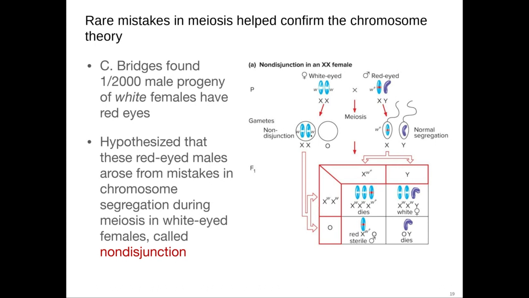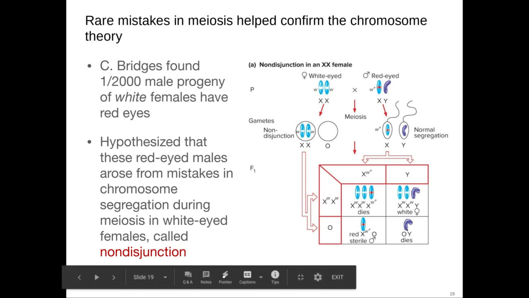But you'll notice that the female was producing sometimes, about 1 in every 2,000, 1 embryo that was XX and 1 embryo that was completely nothing. It had no sexual chromosomes, right? So we had this non-disjunction error. And when you do a Punnett square of that, you get XXX, but that dies, OY, which also dies.